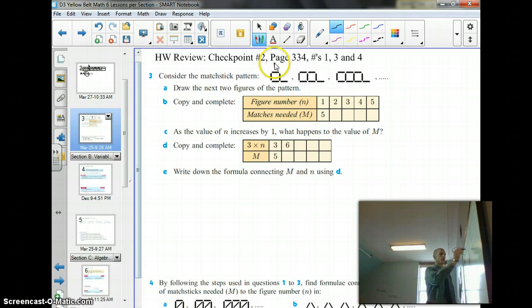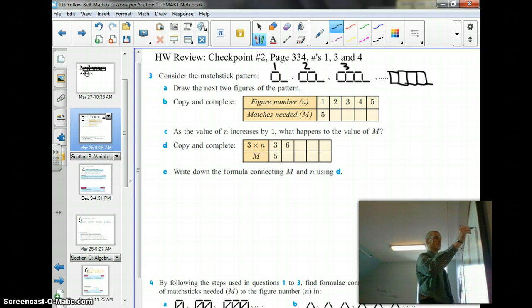This is figure 1, this is figure 2, this is figure 3. I'm going to do my best to draw figure 4, but as we know, I'm just awful at drawing. And figure 5.